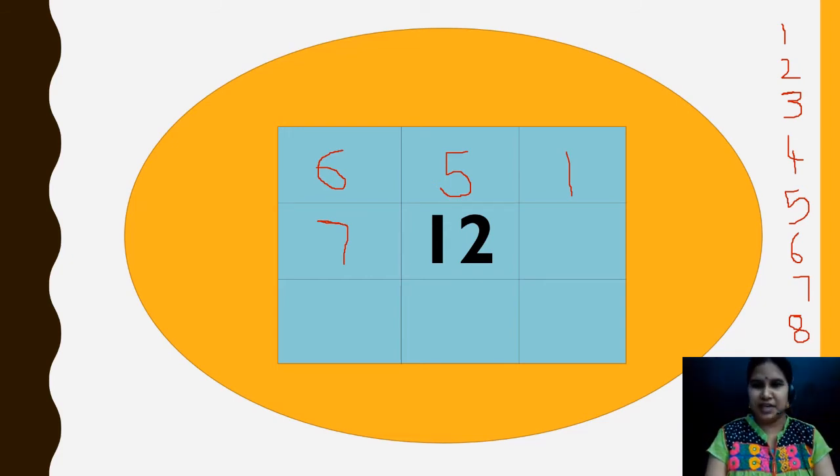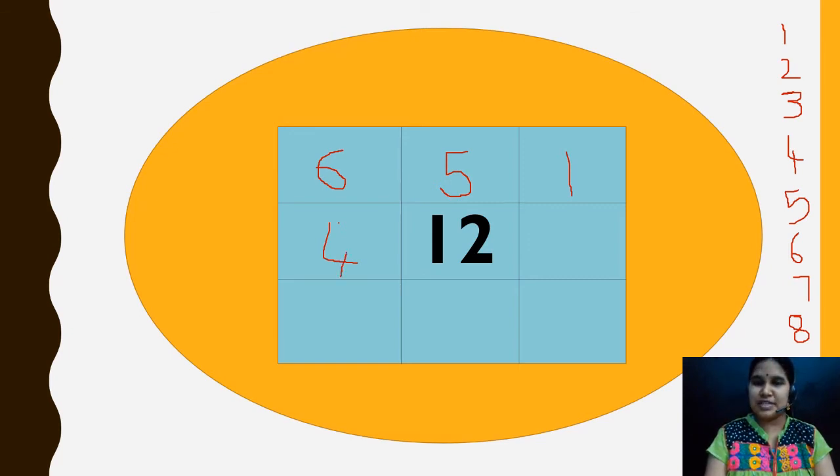It should be 5. 7 plus 5 is 12, but here we have already written 5. So we won't take 7 now. Instead of 7, we'll take another number, that is 4.